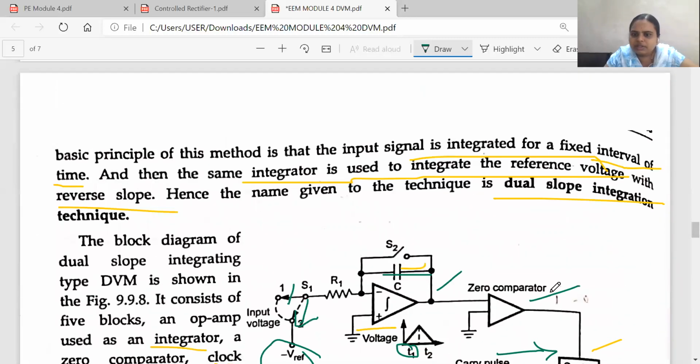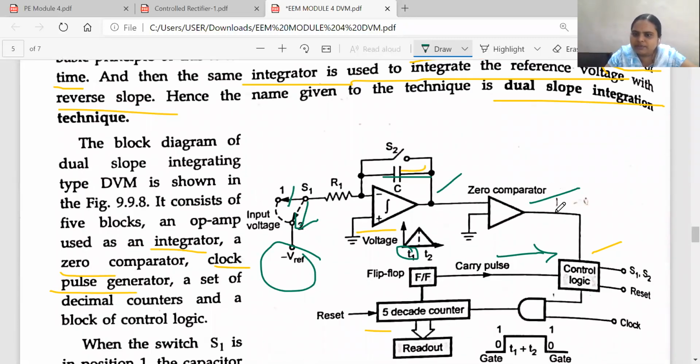If the zero comparator signal is 1, our gate is open, so the pulses generated within a time period are given to the control logic. From the control logic, they are given to the decade counter. It will start counting and the output is displayed.